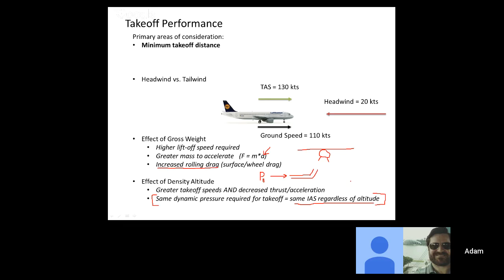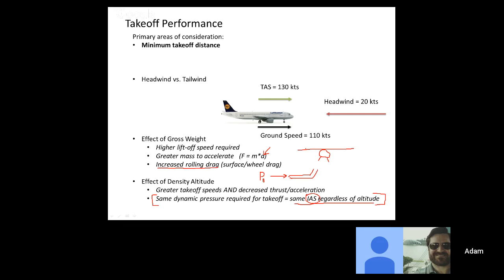It's airspeed. Yep. Indicated airspeed. So when you're at high altitude in high density altitude conditions, your first thought is, well, because of the high density altitude, it's definitely going to take a higher airspeed for me to take off, higher indicated airspeed. And what I'm going to tell you is, no, it's the same, and here's why.